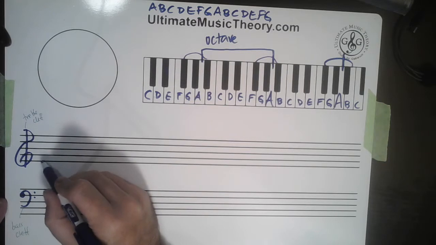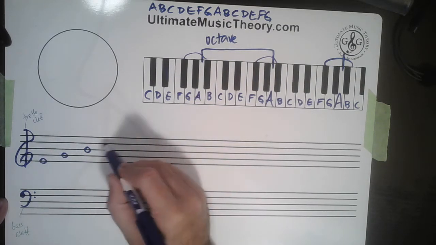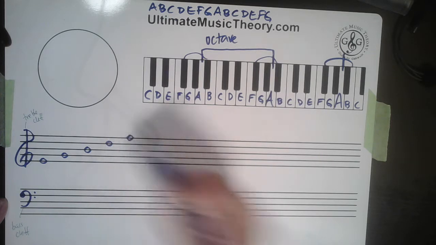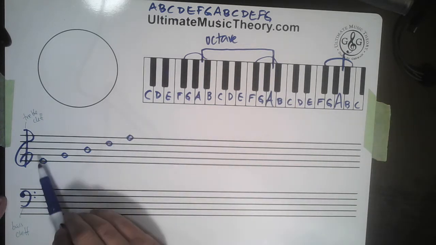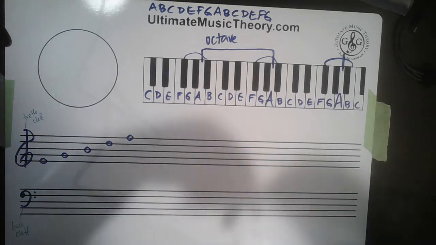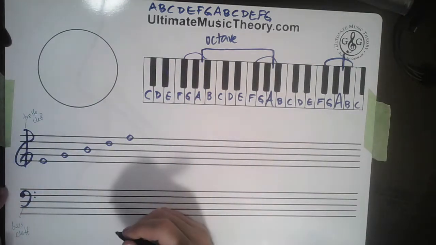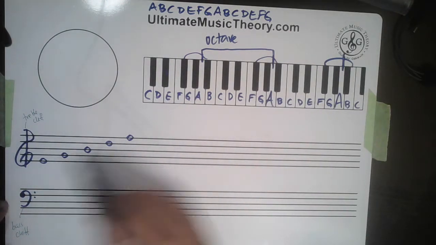But let's talk about just the line notes first. 1, 2, 3, 4, 5. You can see that there's 1, 2, 3, 4, 5 notes on the lines. And we use a sentence to help us to remember what these notes are.